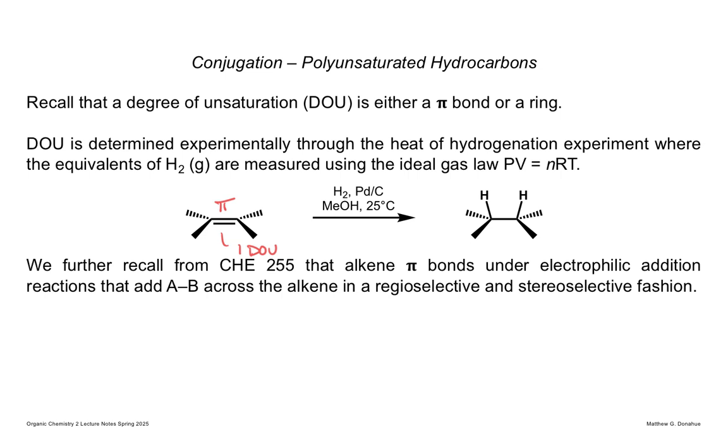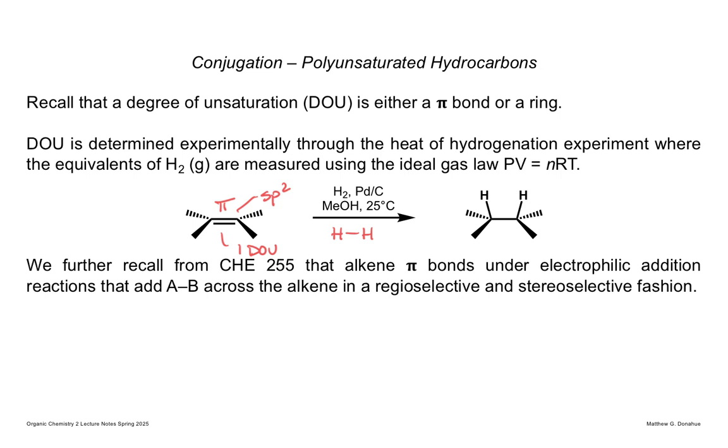And so a typical addition reaction, you have some electrophile, in the case shown here, that's hydrogen gas. And the elements of hydrogen are adding to each sp2 hybridized carbon of the alkene.